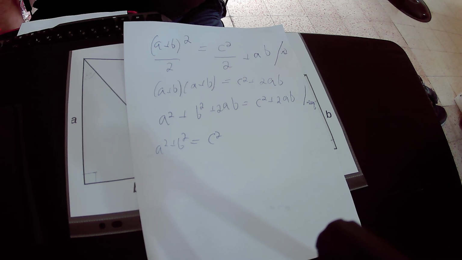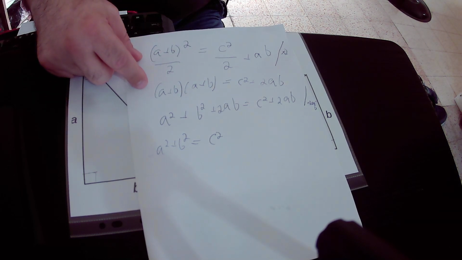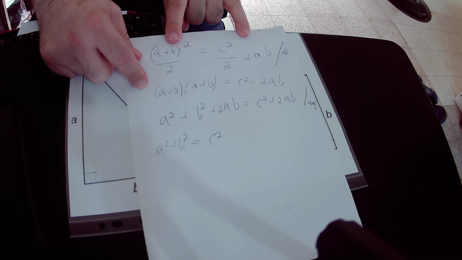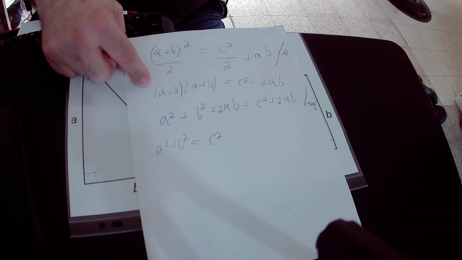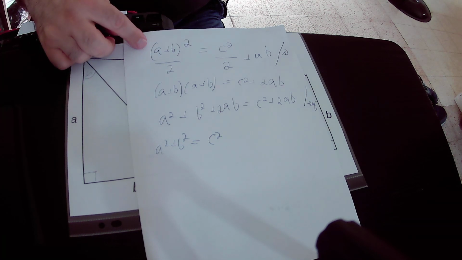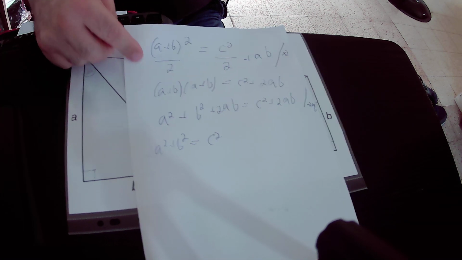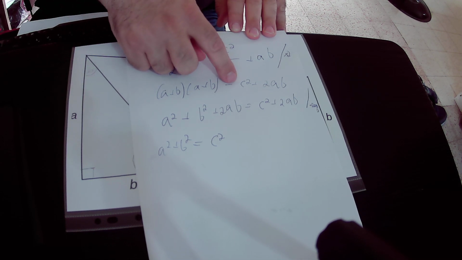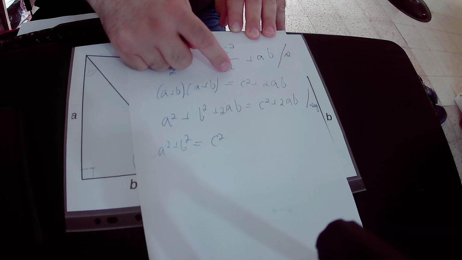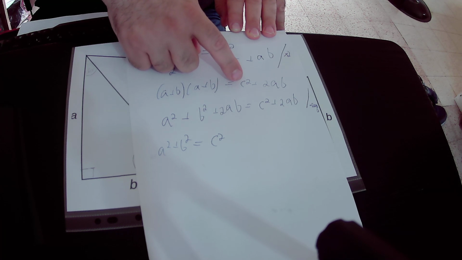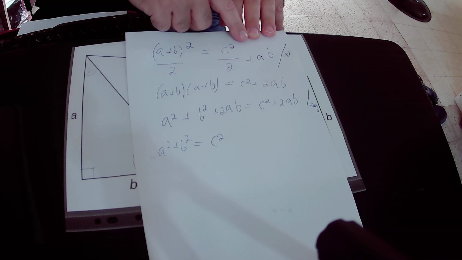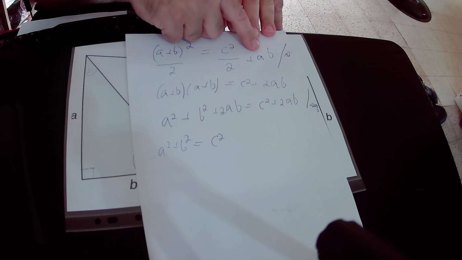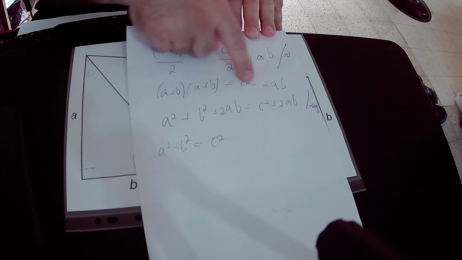Then we multiply both sides by 2. a plus b squared equals a plus b times a plus b, c squared divided by 2 times 2 is c squared, and ab times 2 is 2ab.